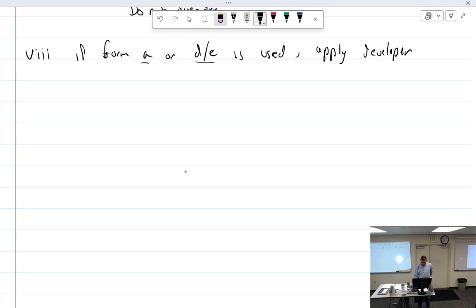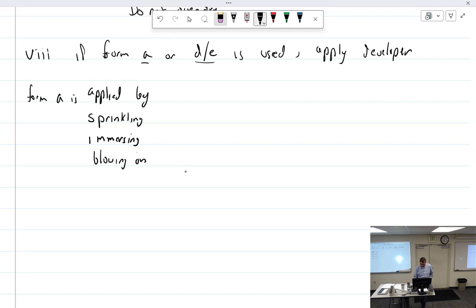The application: form A is applied by sprinkling, immersing, blowing on, or automatic machine.